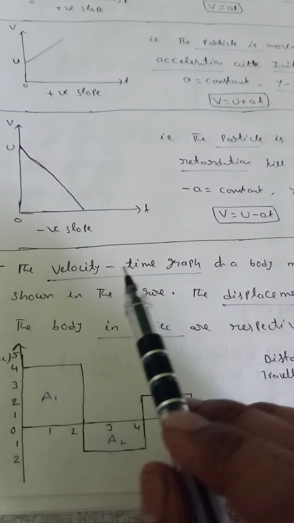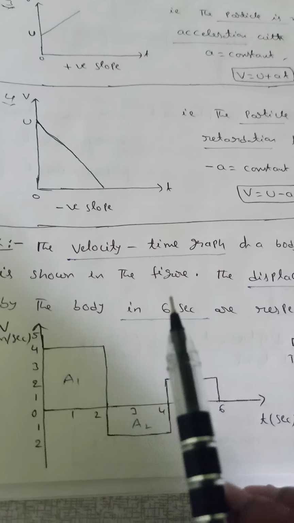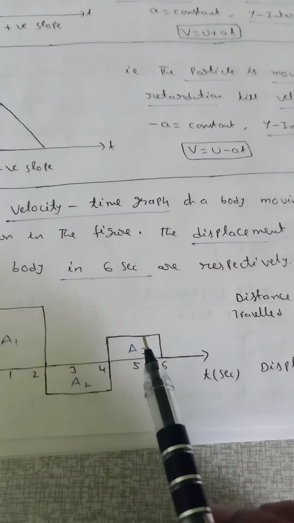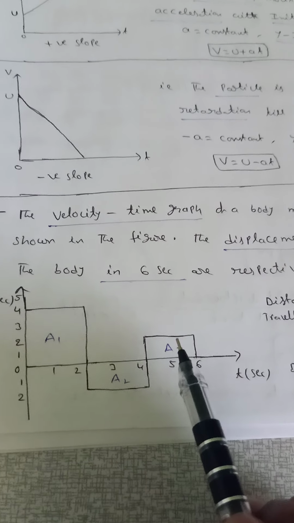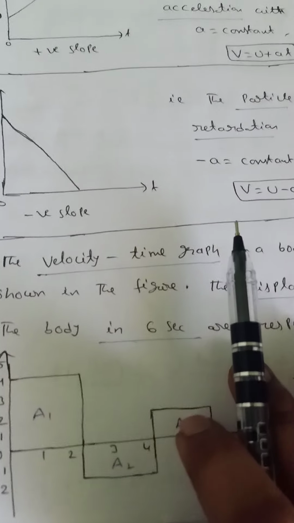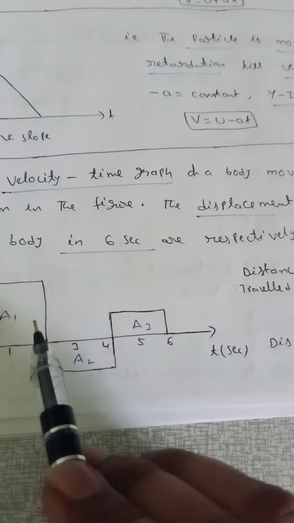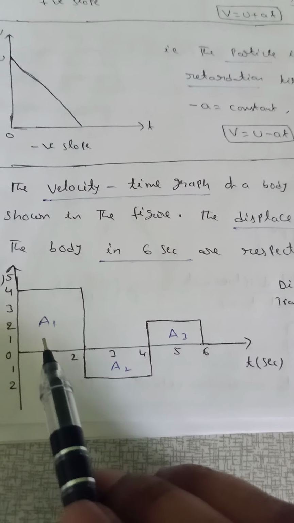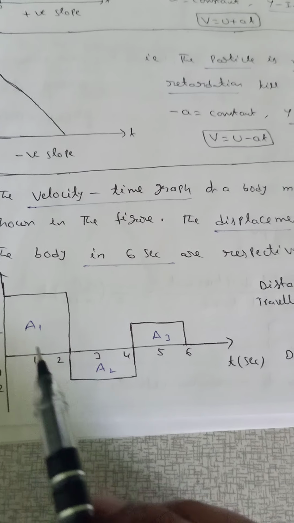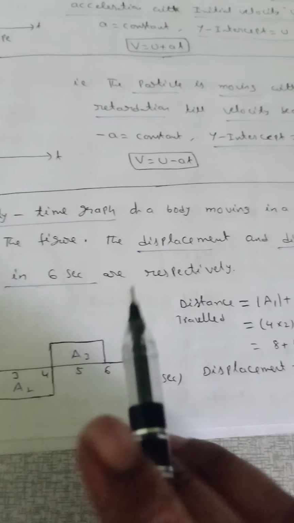The area under the velocity-time graph gives displacement or distance, but displacement may be negative or positive, that is, a1 minus a2 plus a3. Distance is always positive, that means modulus of a1, modulus of a2, modulus of a3.